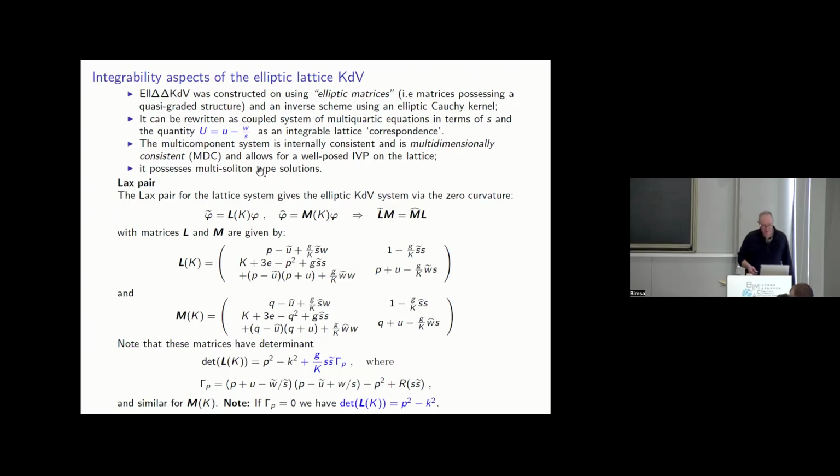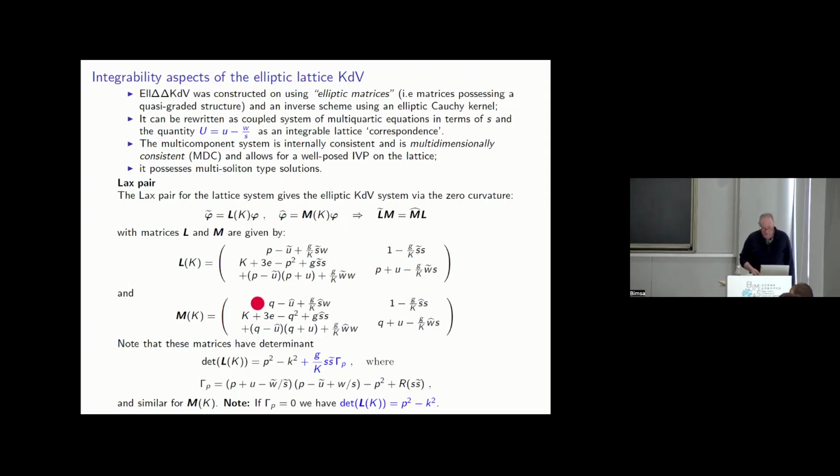Now, the Lax pair takes this particular form. So this is a zero curvature Lax pair on the lattice. So the zero curvature comes from equating the moves around an elementary quadrilateral of these two matrix equations.